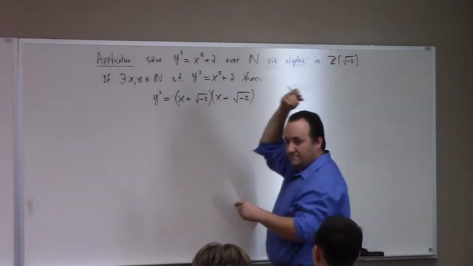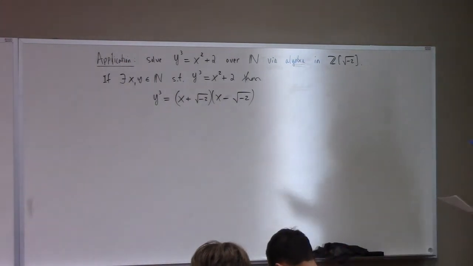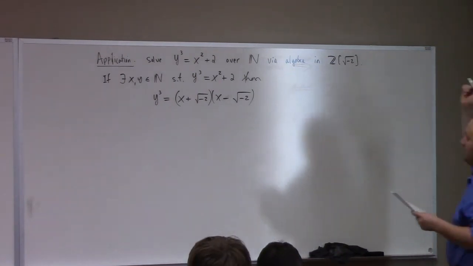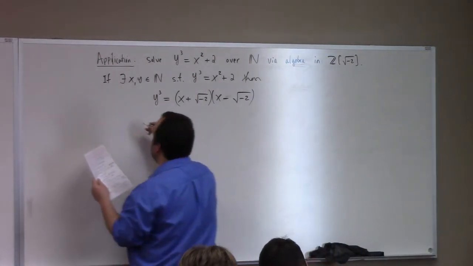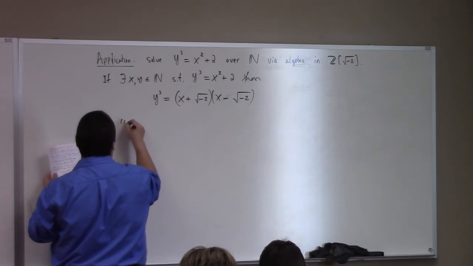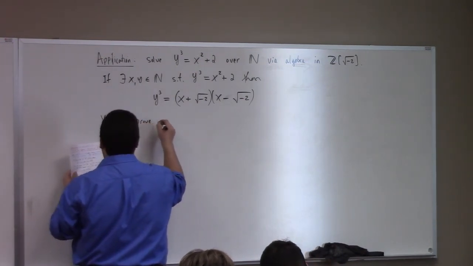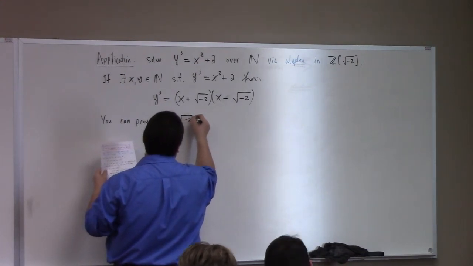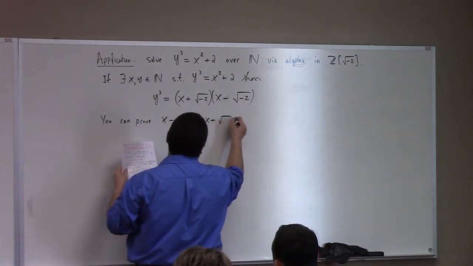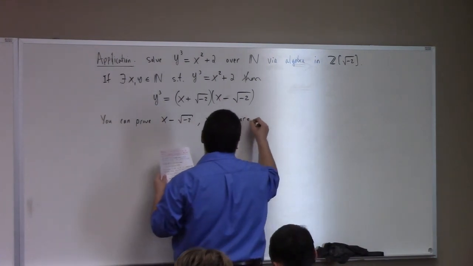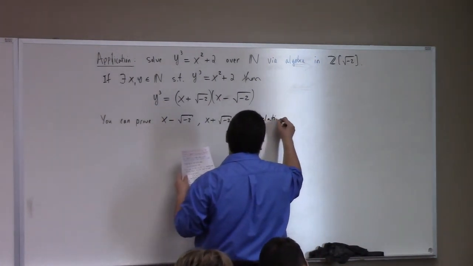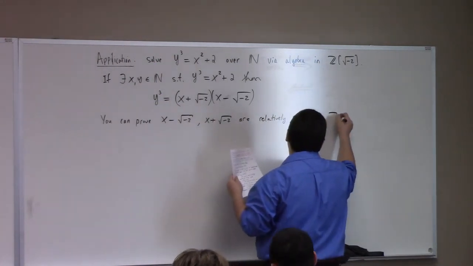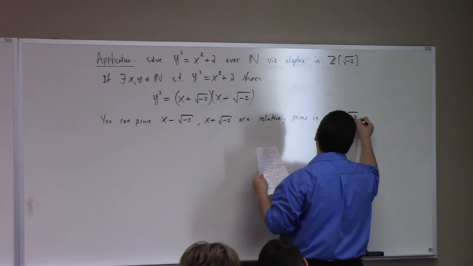See, it's this trick again. And here's a claim you can prove: x minus the square root of minus 2 and x plus the square root of minus 2 are relatively prime in Z adjoining square root of minus 2.